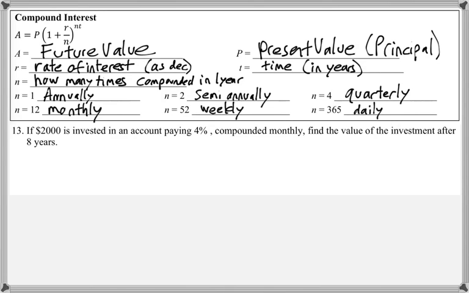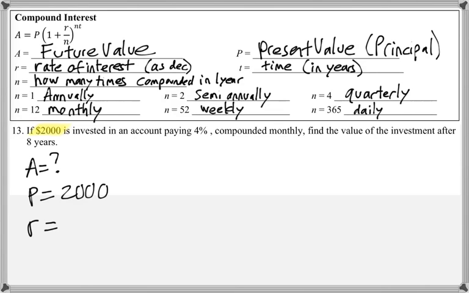Okay, so number 13 says if $2,000 is invested in an account paying 4% compounded monthly, find the value of the investment after 8 years. And I like to start by defining my variables. So A is what we're looking for. This is the future amount. P is the present value, or the principal, and we know we have $2,000.